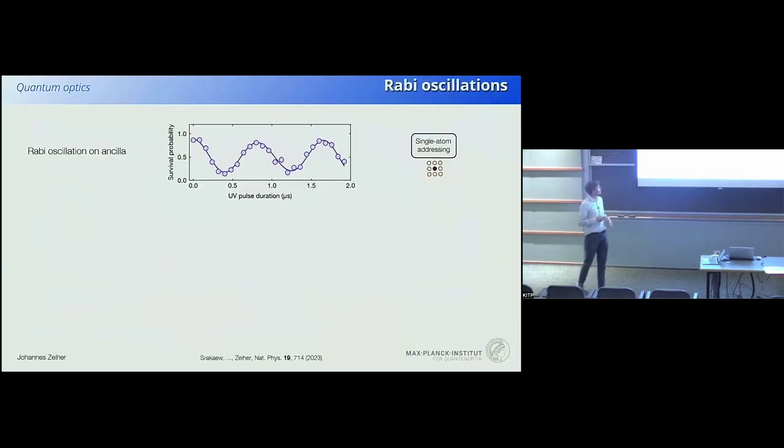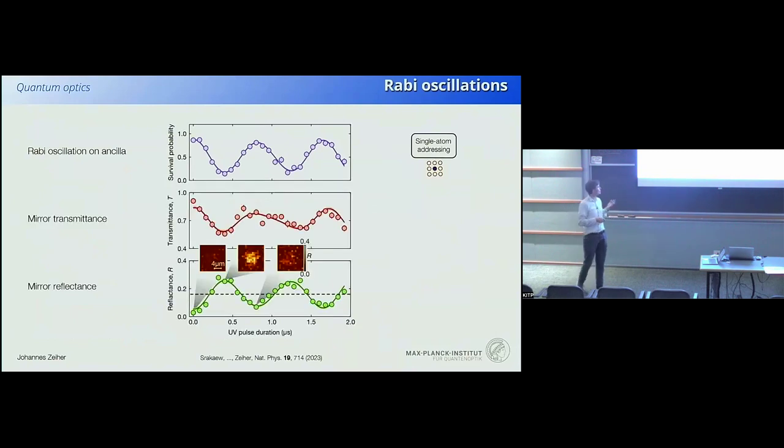What we can, of course, also do is use the control we have over the ancilla, for example, driving Rabi oscillations. So here you see Rabi oscillations measured via the ancilla, and look at what happens when we try to probe this with the mirror. This is the corresponding data in transmission and also in reflection. You basically see that the switching of the ancilla, or the Rabi oscillations of the ancilla, directly translate to the reflectance or the transmittance of the mirror.